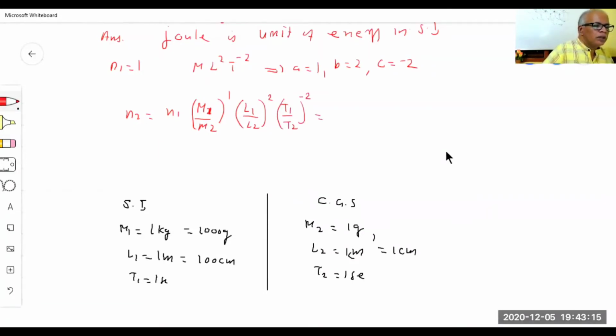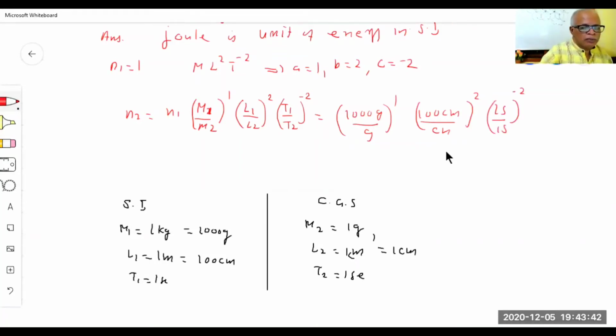So 1000 gram divided by gram raised to 1, N1 is right here, L1 100 centimeter by centimeter the whole square, 1 second by 1 second the whole raised to minus 2.